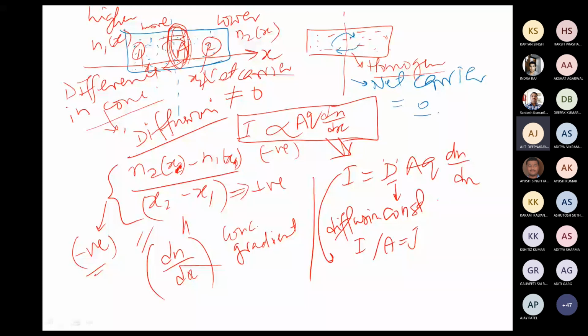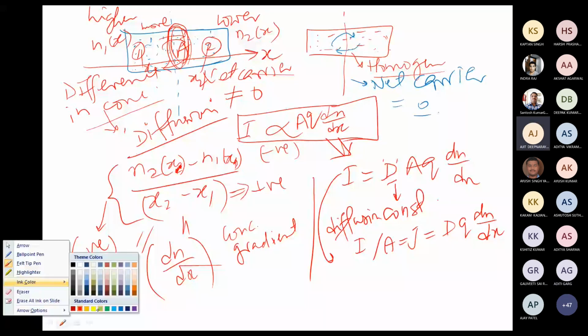Here we have ignored the sign in front of this. One can also include the sign, which shows the direction of the current flow.